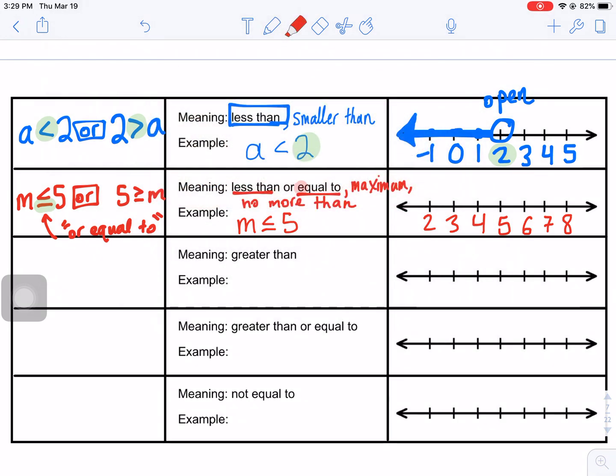Because we have the words or equal to, we're going to have a closed circle at 5. And we need all the numbers less than or equal to 5. So that would be numbers like 4, 3, 2, and everything else in that direction.